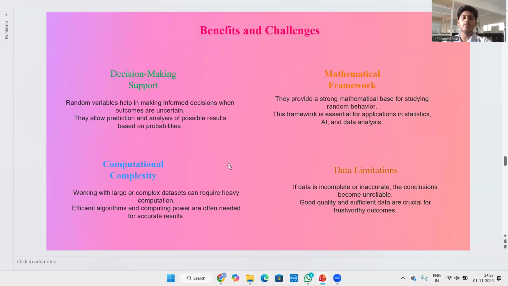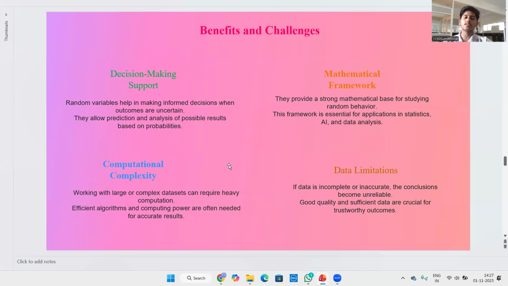Next, we see applications, benefits and challenges. In this, we see decision making support, mathematical framework, computational complexity, and data limitation. In decision making, random variables help in making informed decisions when outcomes are uncertain. They allow prediction and analysis of possible results based on probabilities. Mathematical framework: they provide a strong mathematical base for studying uncertainty.